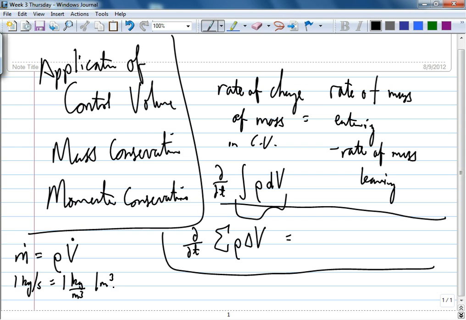If we want 2 kilograms per second, and the density is still 1 kilogram per meter cube, then we need 2 meter cube per second entering. Is that okay?